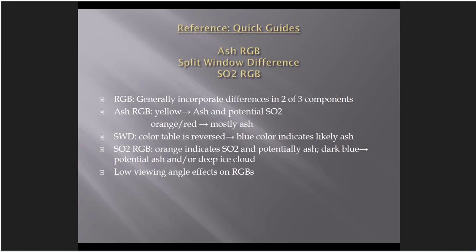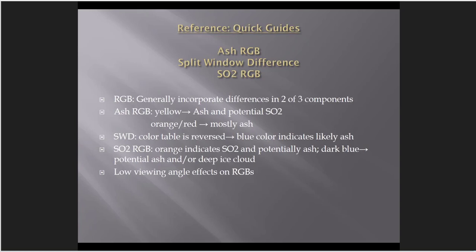The ASH RGB yellow color indicates ash and potential SO2. The orange and red indicate mostly ash. And we noticed that, remember, we had yellow and orange on the ASH RGB in the previous imagery from GOES17. The split window difference color table is reversed so that the blue color indicates the likely ash.